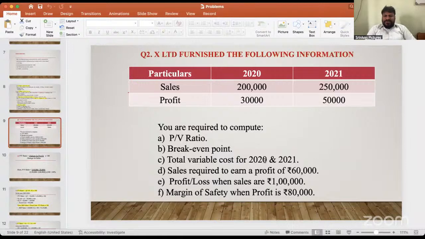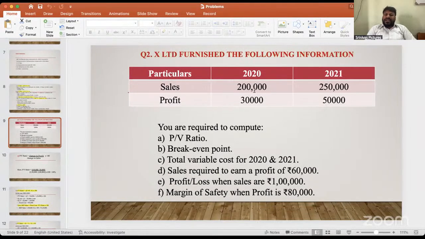Next is the total variable cost for 2020 and 2021. See here, we already know sales, profit is 30,000 and fixed cost is 50,000. For the year 2020, these 30,000 and 50,000, total 80,000 contribution, you deduct from the 2 lakhs.